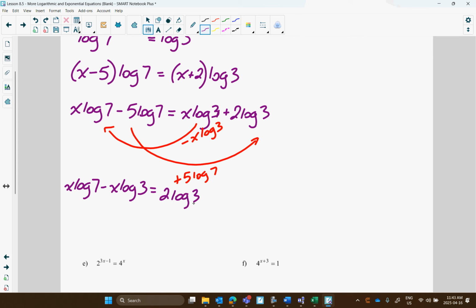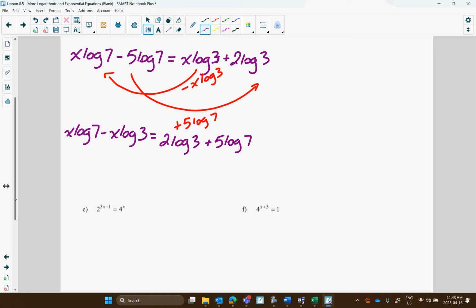And then the minus 5 log 7 has joined it by becoming plus. What's my next step?